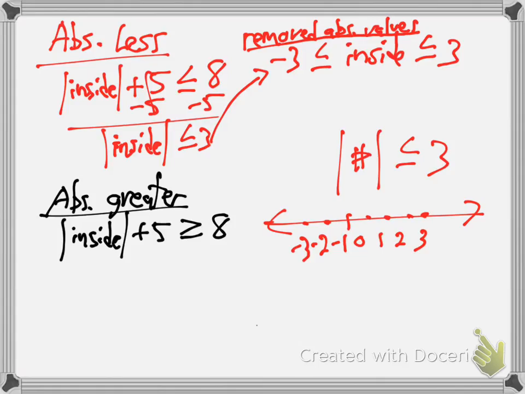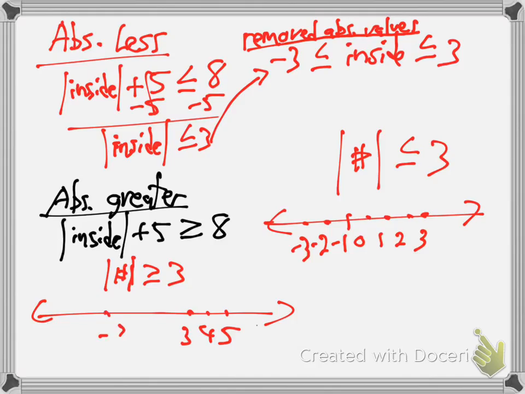Whereas over here, it's going to be fundamentally different. If I said, hey guys, I'm thinking of some number and the absolute value is greater than 3, which is what we're going to have on the other one in a minute. Let me just preview ahead of time with some logic. What does that mean? That number's got to be 3 or bigger, or -3 or smaller. It's the opposite, isn't it?